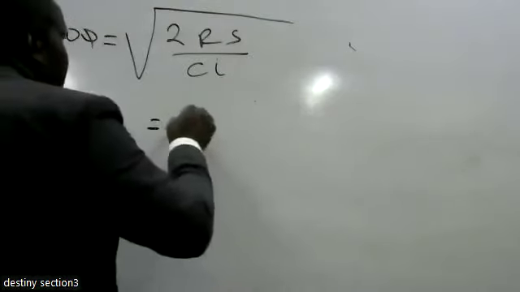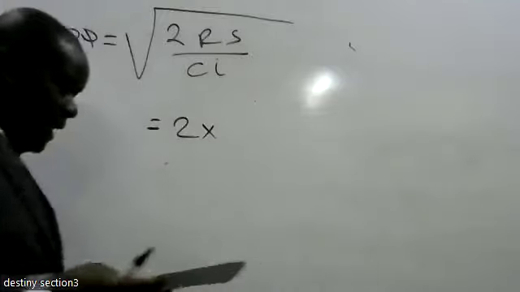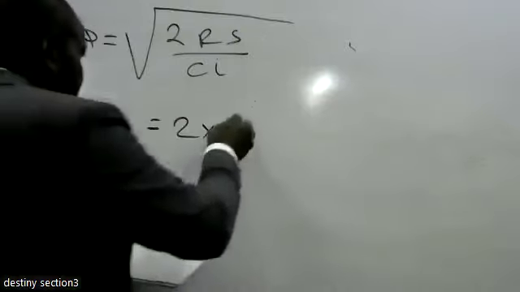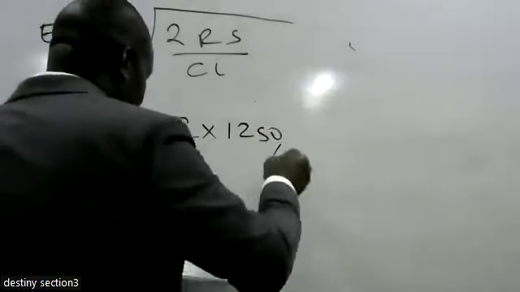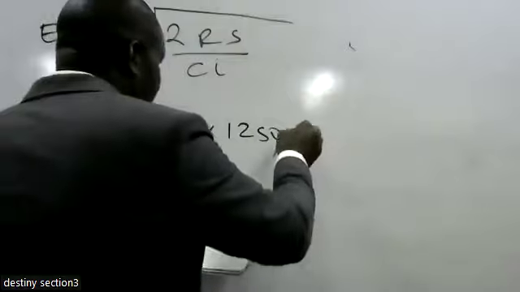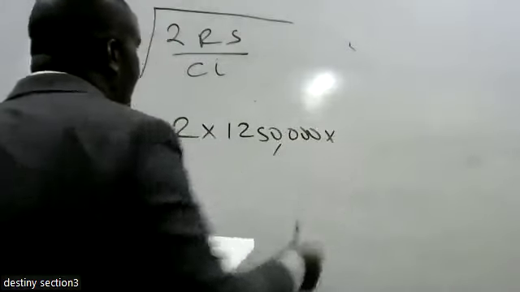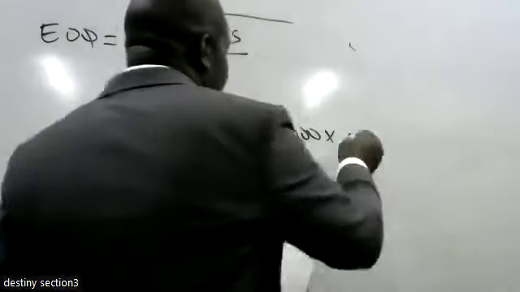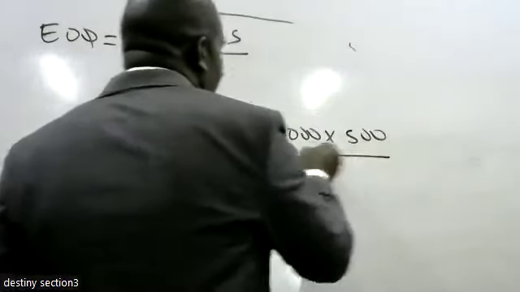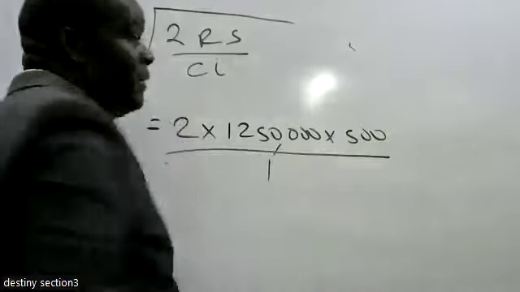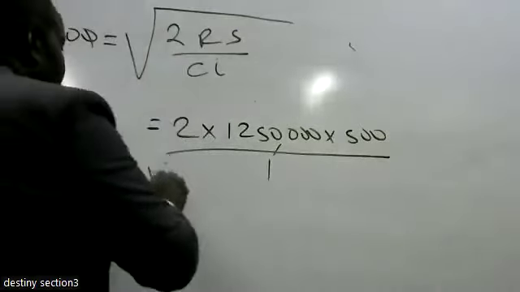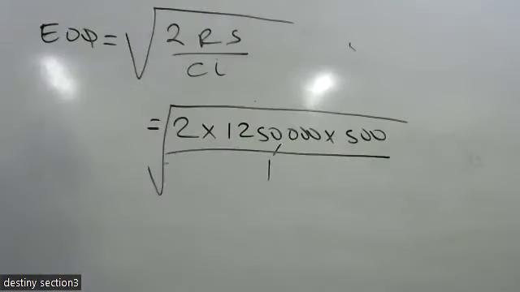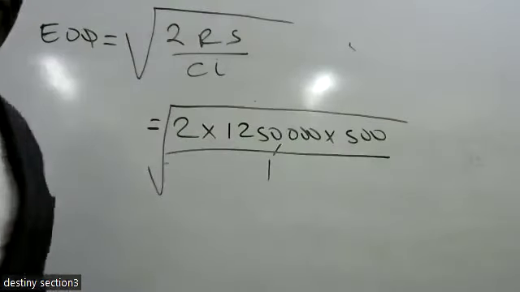So this will be the same as 2 times R, the annual demand in units, where they gave you 1,250,000, then multiplied by S, which is 500. Then CI is 1. Then you get that portion to give us the economic order quantity.